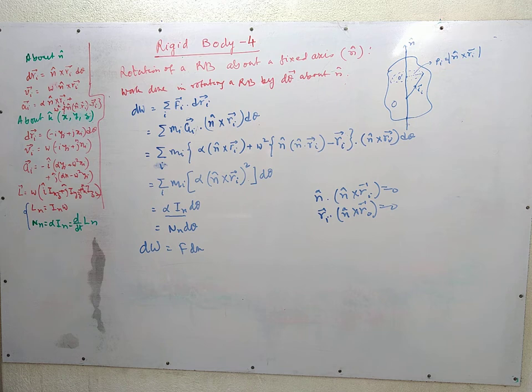In the next class, we shall consider an example on this, and we shall consider a more general motion of a rigid body where a rigid body is rotating about an axis whose direction is fixed, but the axis as a whole is in motion.